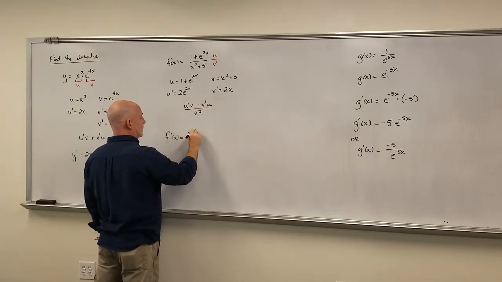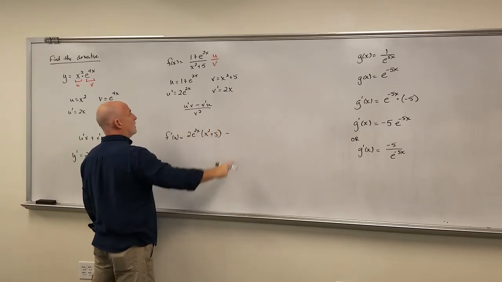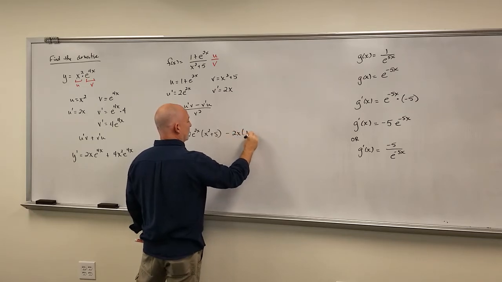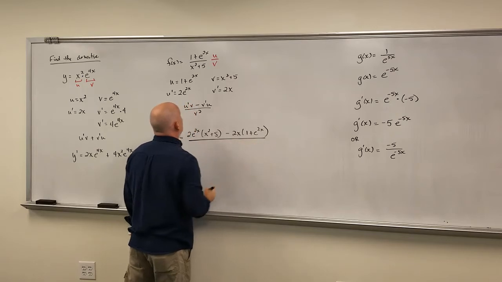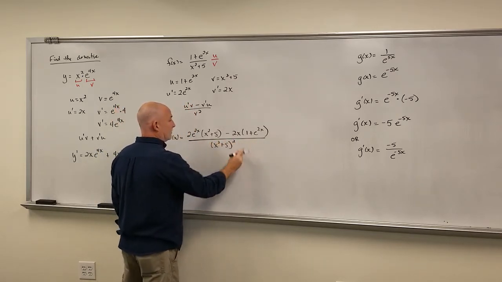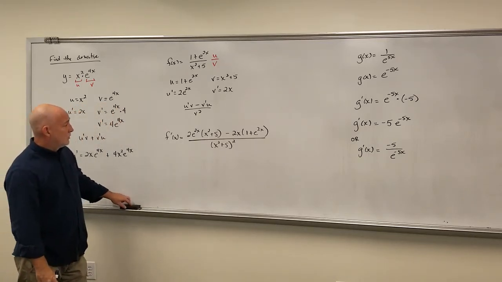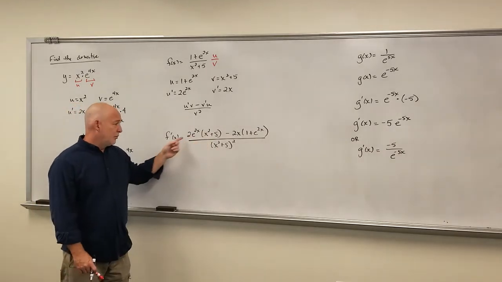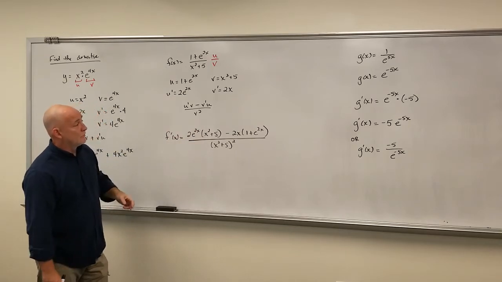So 2e to the 2x times x squared plus 5 minus v prime times u: 2x, 1 plus e to the 2x, all divided by v, x squared plus 5, quantity squared. All right, I'm going to leave it right here. You're probably going to want to, most of the time here, distribute out the top and combine like terms. I just wanted to put the pieces together for you.